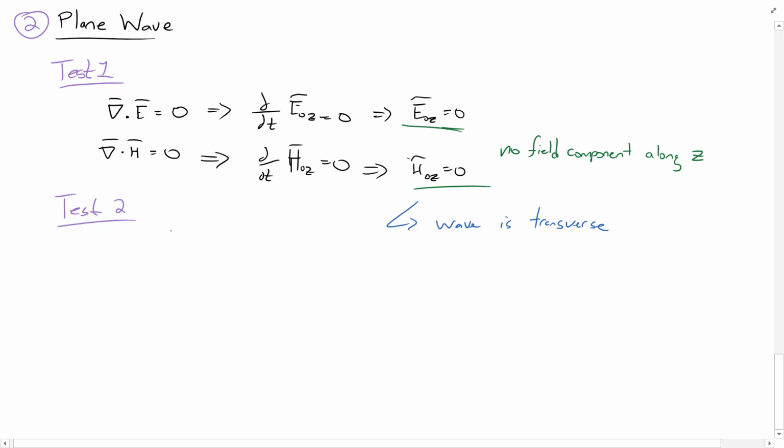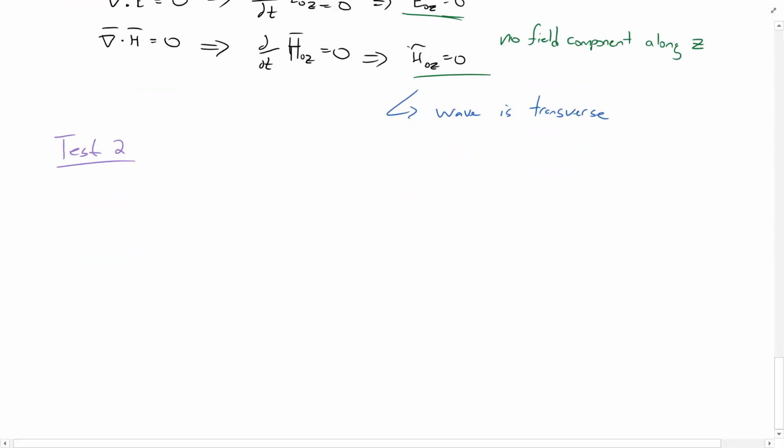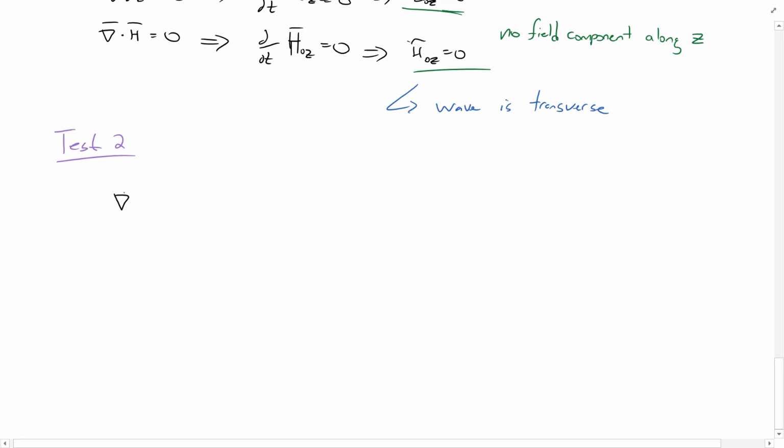For test 2, test 2 just looks at the relationship between our electric and magnetic field. To do this, we're just going to be using Faraday's law.